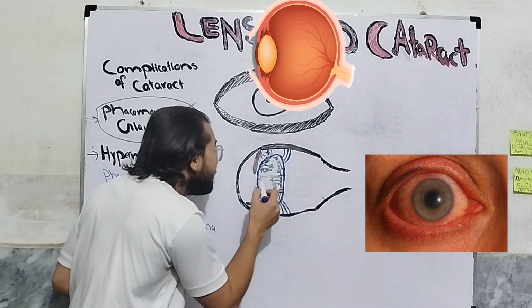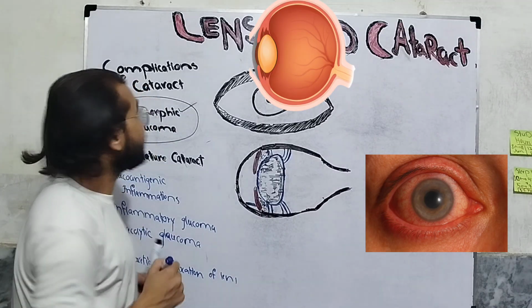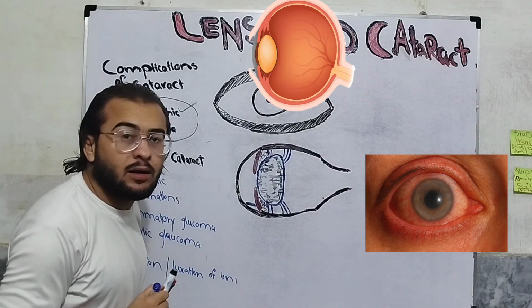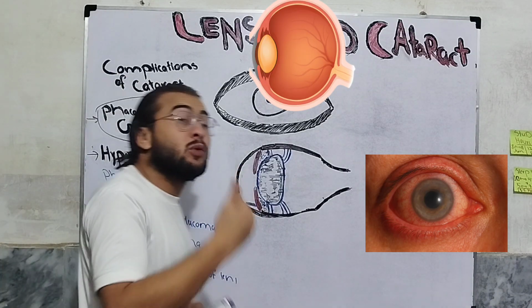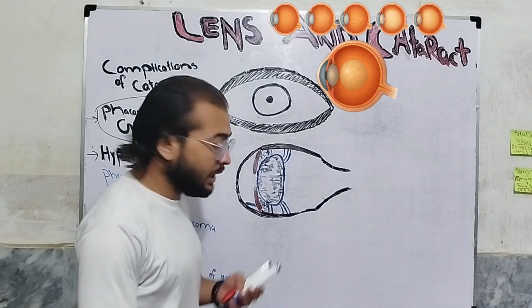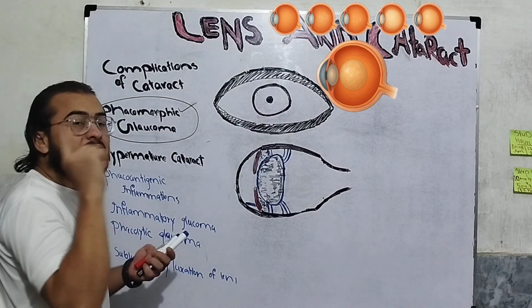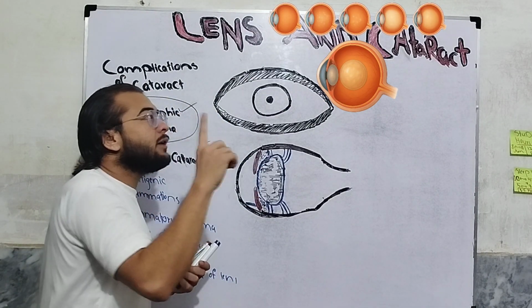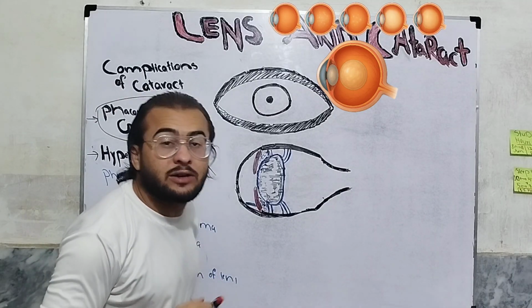So due to the pupillary block, this glaucoma is called phacomorphic glaucoma, and it develops even during pathogenesis in some individuals, okay?